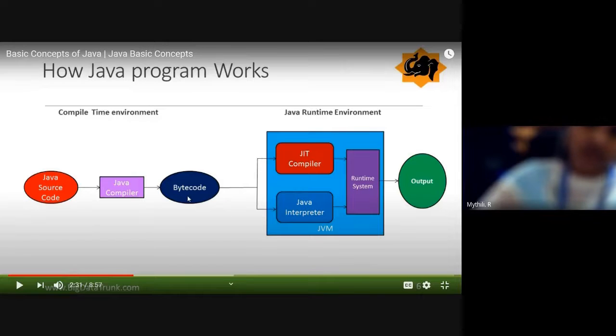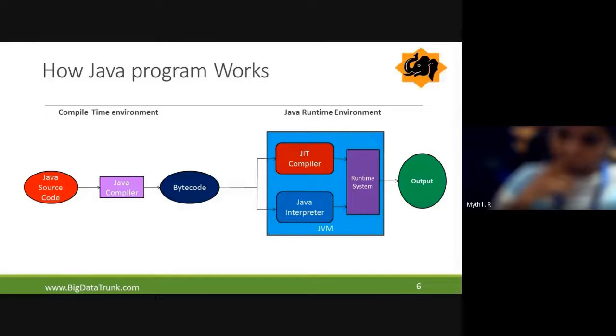Okay, so your bytecode, that is the Java class, will be given as an input to the JVM, and all these together will convert that into object code, and that will be executed by your operating system. There exist a Java compiler and interpreter. The interpreter is used to increase the speed of interpretation and the runtime system generates the output.